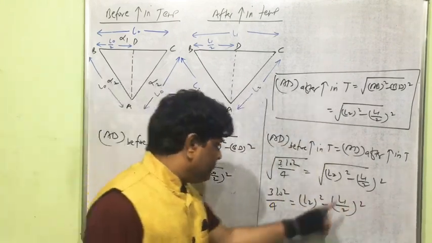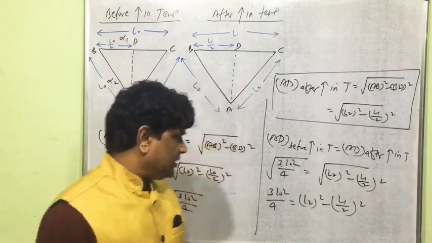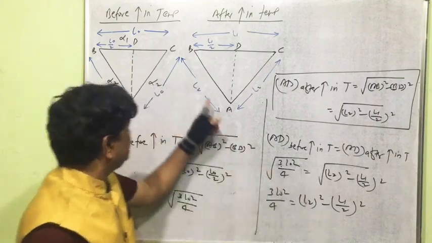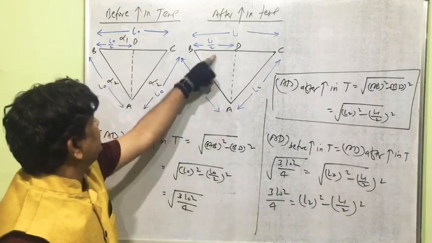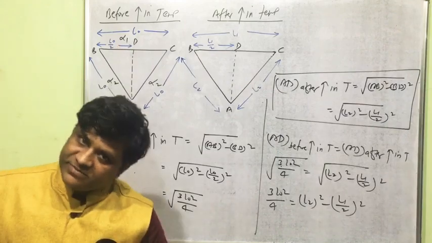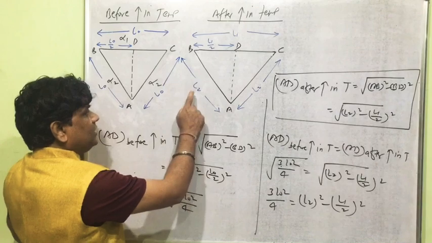square. Now L1 by 2 is an unknown value, L2 is also an unknown value here. So we can convert this L2 in terms of L0 and this L1 by 2 in terms of L0 by 2. Tell me now first, what is L2?